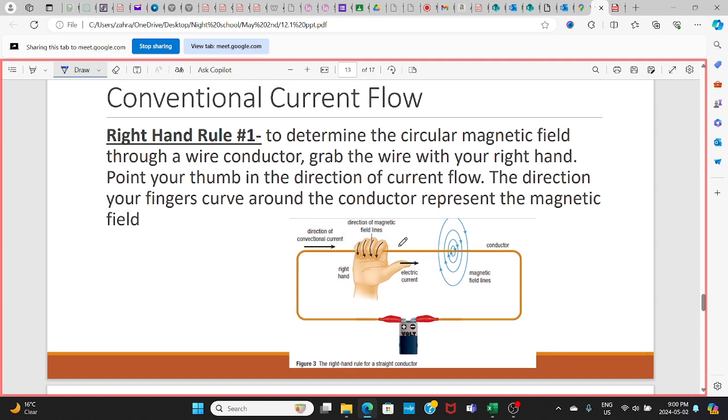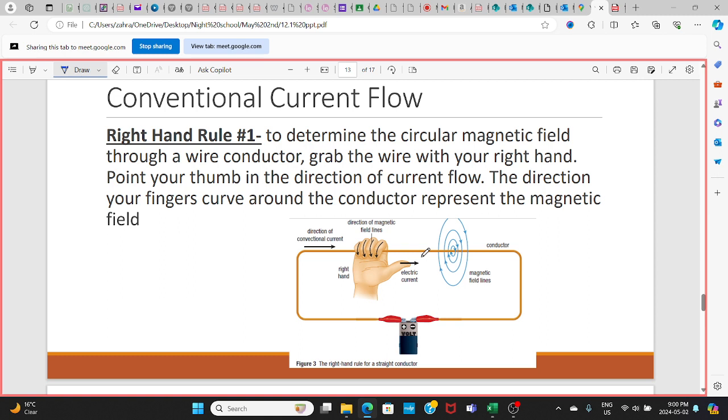The current is now going to the right. Again, I have my thumb going in the direction of the current, and my forefinger will be bent. So now my forefinger will come out of the page, if I have that page.